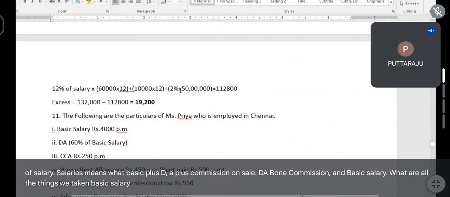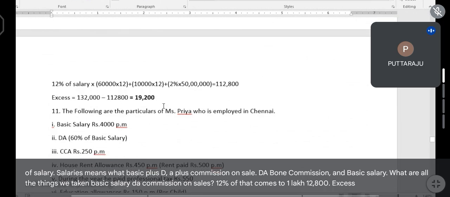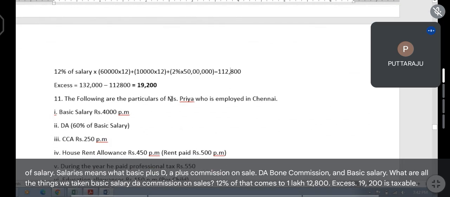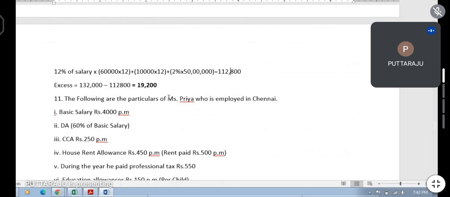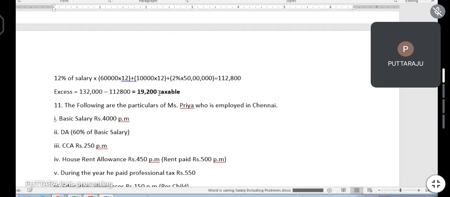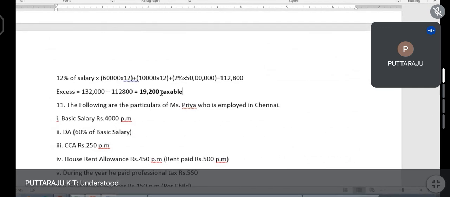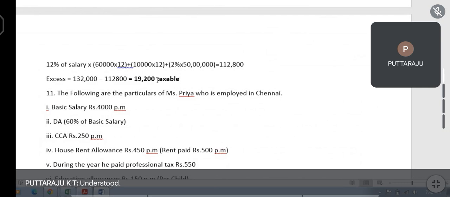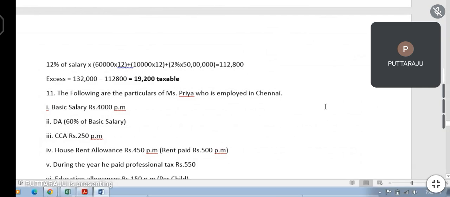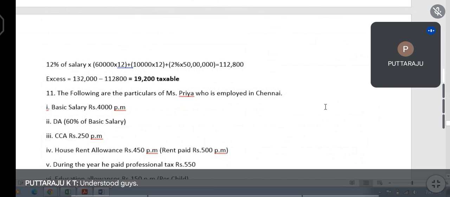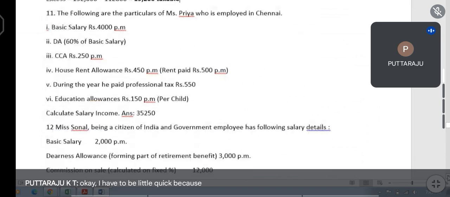Basic salary, DA, commission on sales. 12% of that comes to 1,12,800. Excess 19,200 is taxable. Understood, guys? Yes, sir. Okay, I have to be a little quick because these are all discussed.